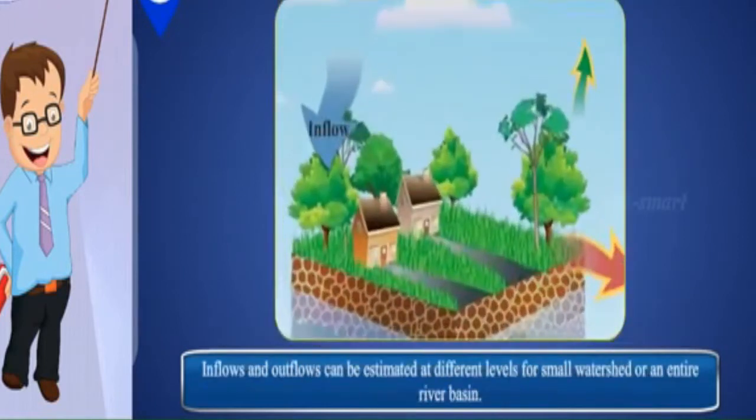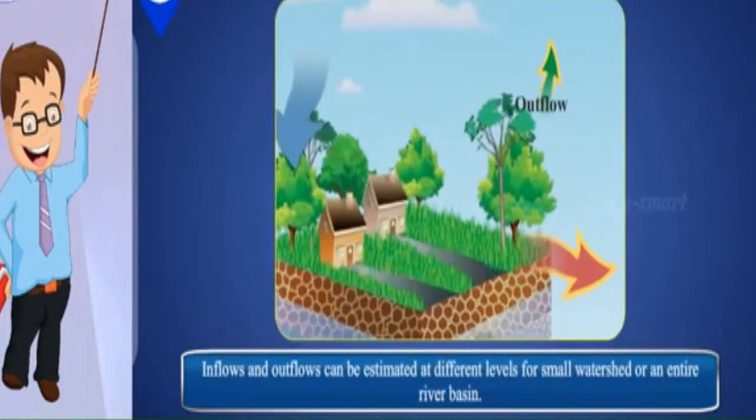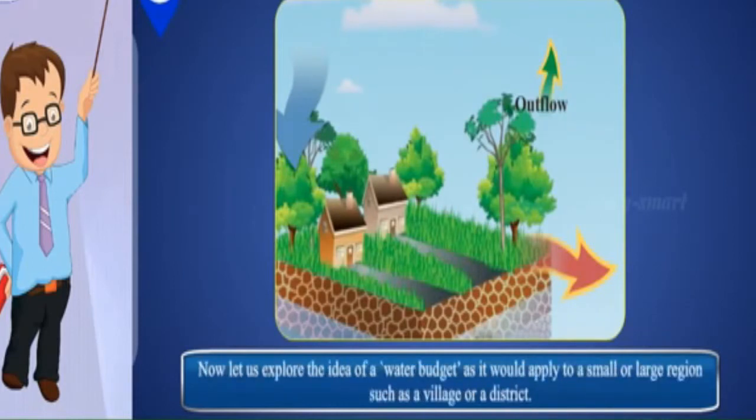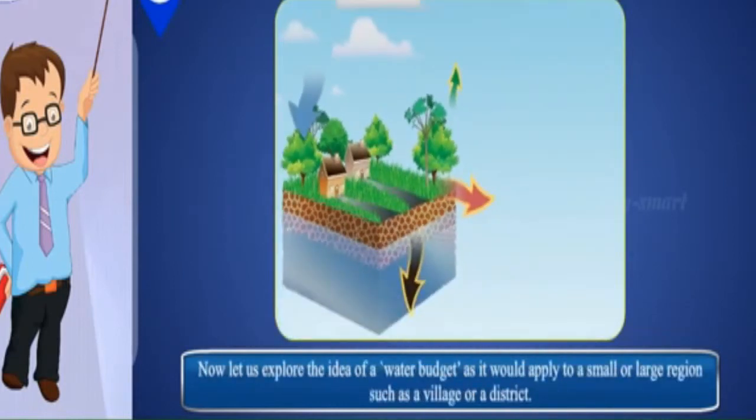Inflows and outflows can be estimated at different levels, for a small watershed or an entire river basin. Now, let us explore the idea of a water budget as it would apply to a small or large region such as a village or a district.